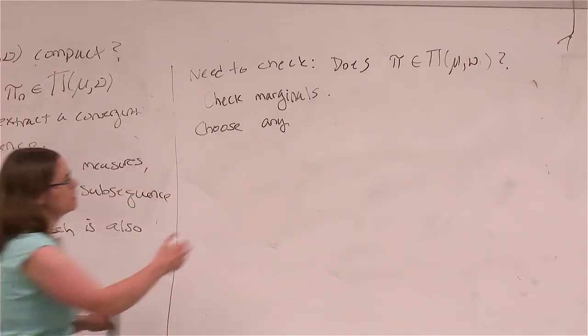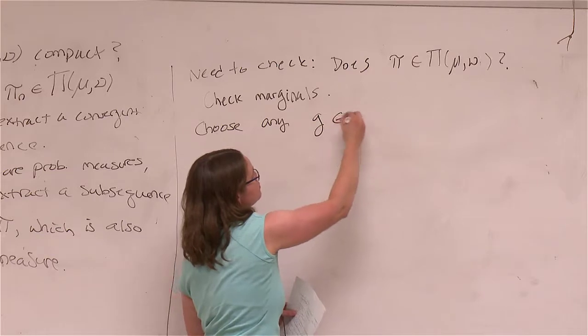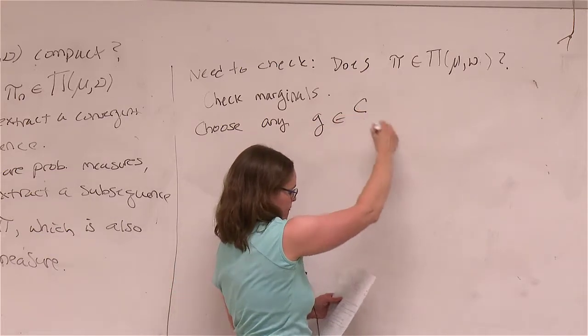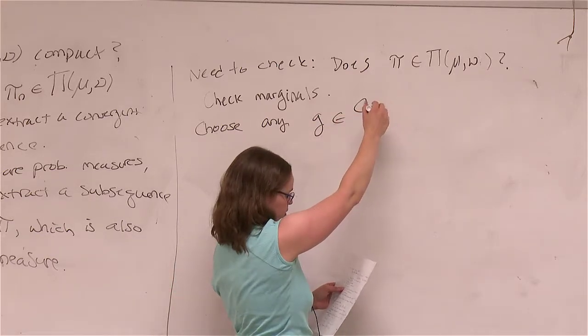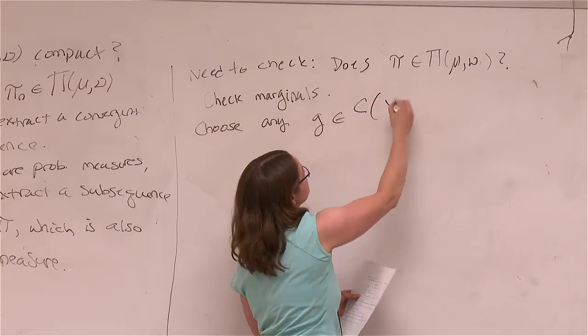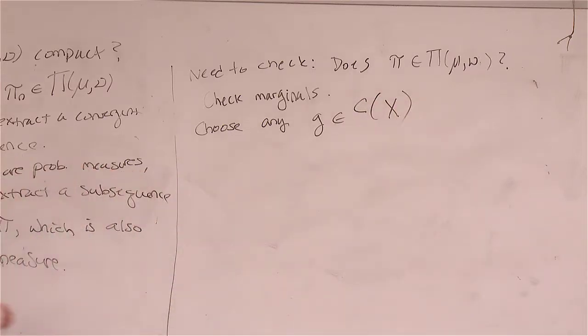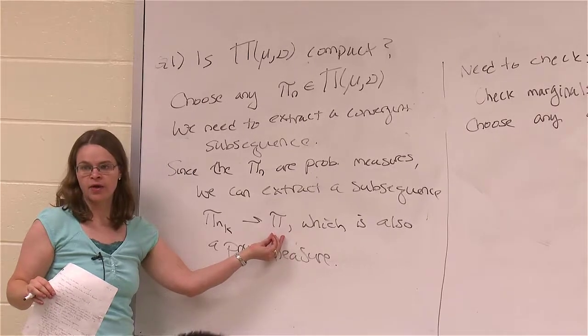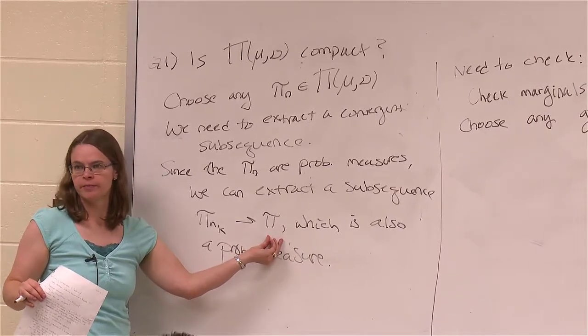So let's choose any g. It's continuous. Let's just make it continuous on x. We want to somehow try to check the marginal of this thing on our space X, right? And we hope that we recover mu, right?